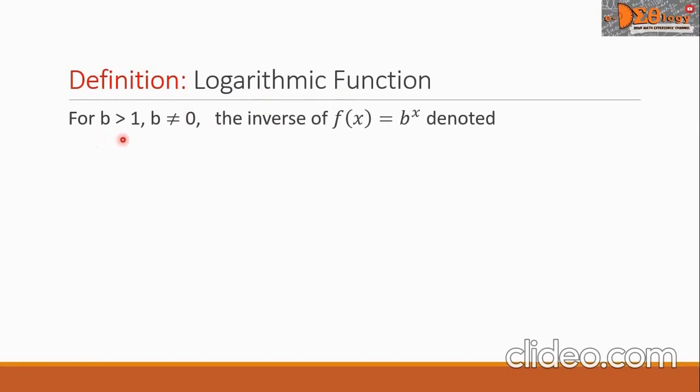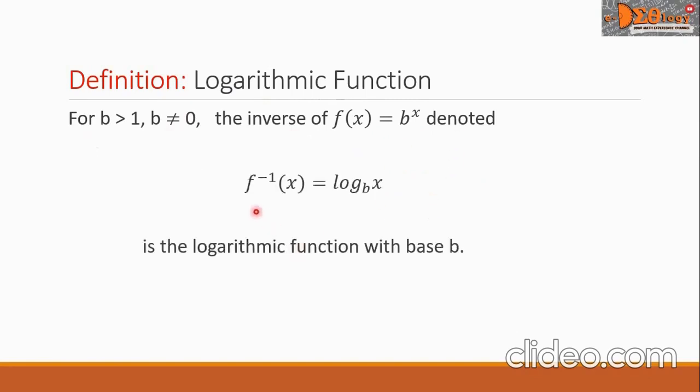For b greater than 1, where b is the base, and b is not equal to 0, the inverse of f of x equals b raised to x, which is an exponential function, is denoted by f inverse of x equals log of x base b, the logarithmic function with base b.